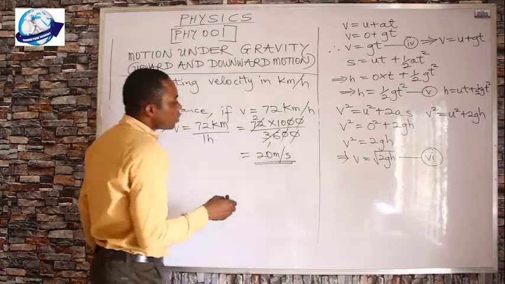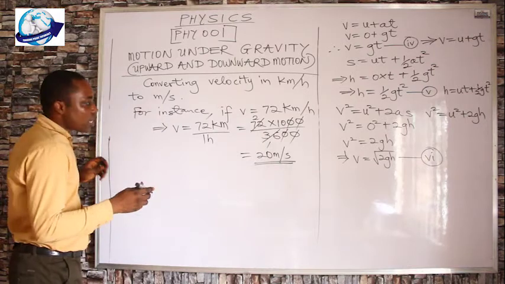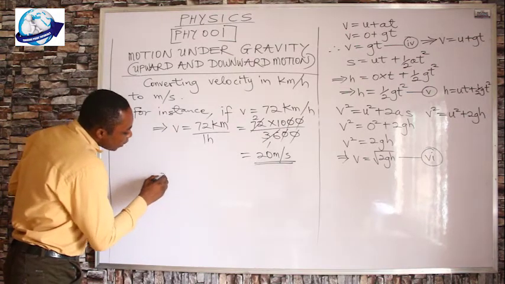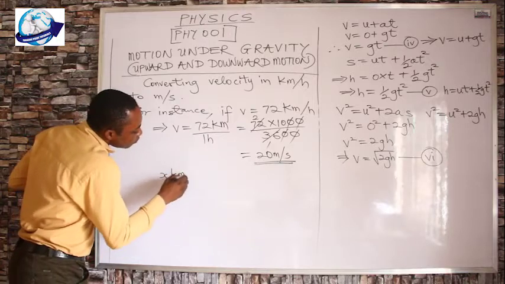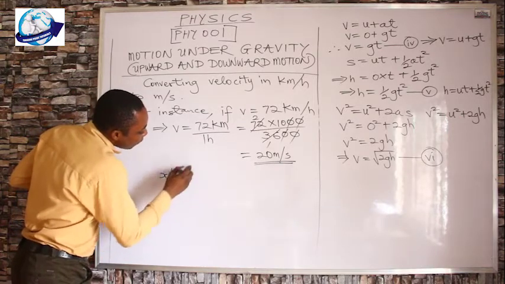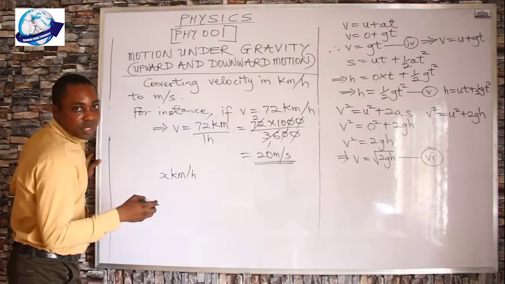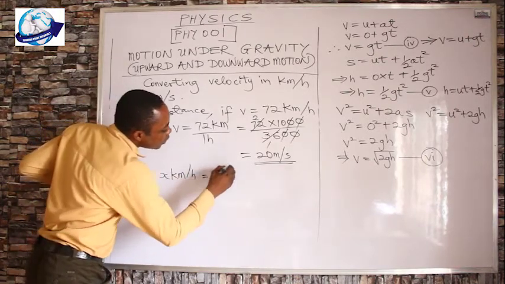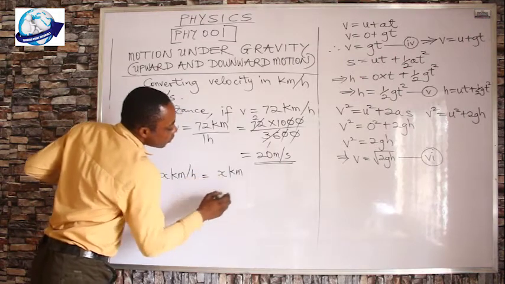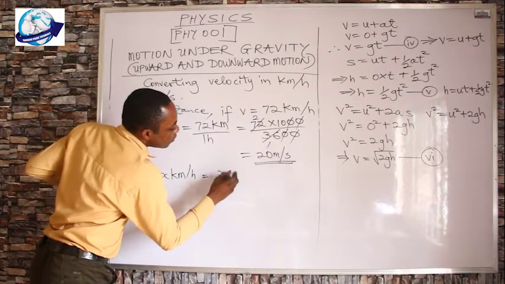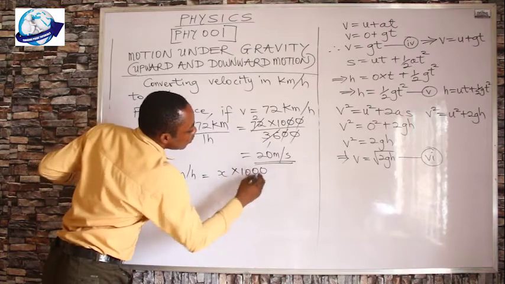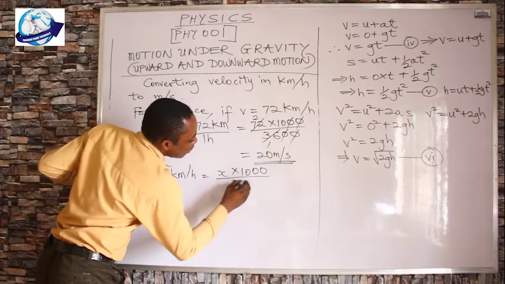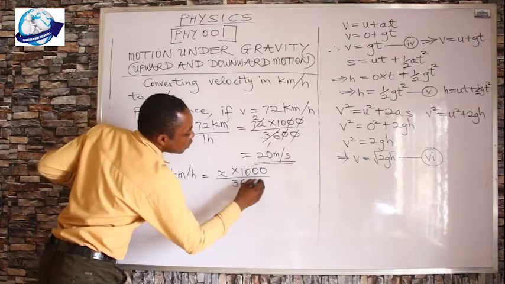It has been converted. Generally, you can summarize it this way: if you are given, for example, x kilometer per hour, and you have to change it to meter per second, all you do is say v is equal to x kilometer, that x value times 1000, all over the hour, which is now 3600 seconds.